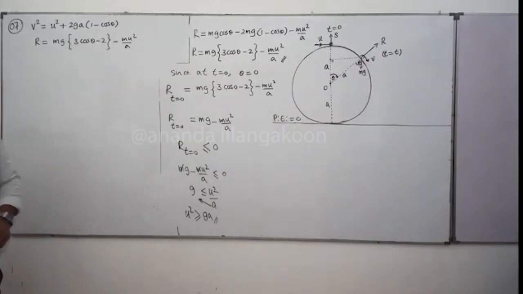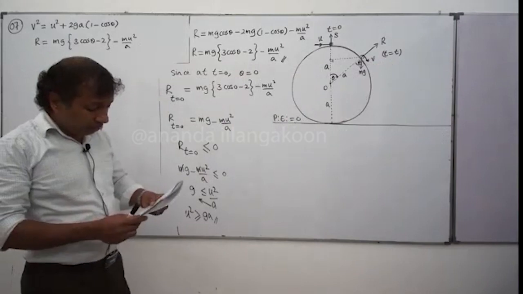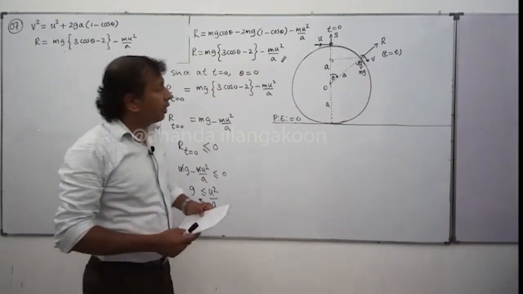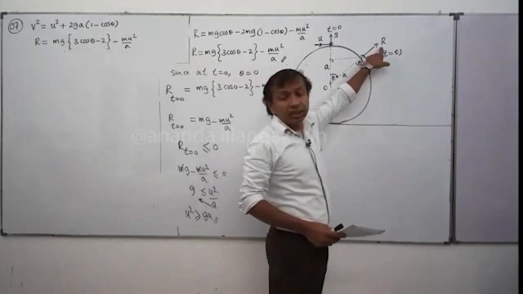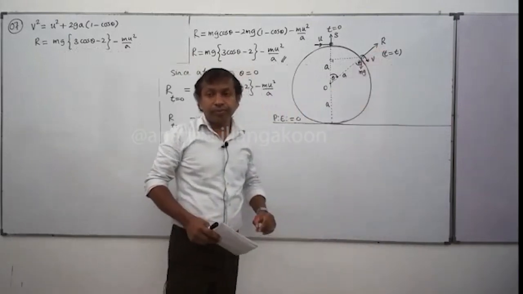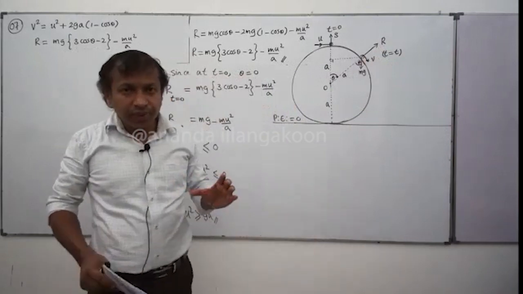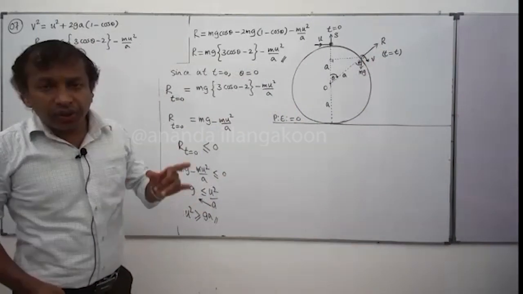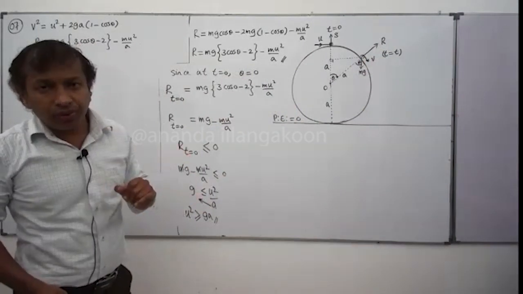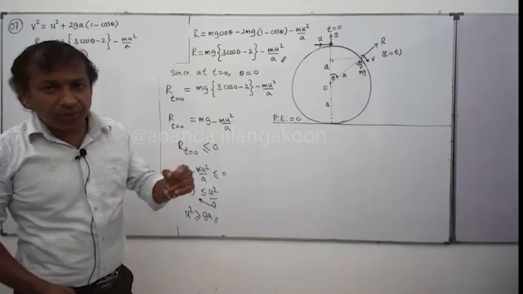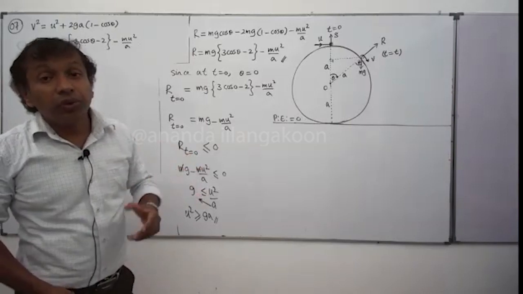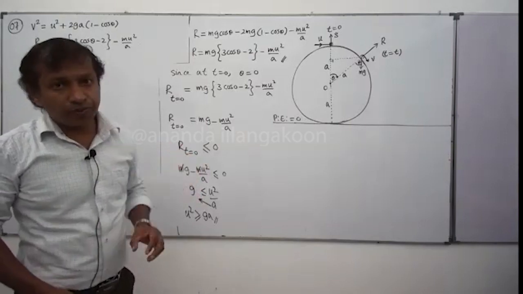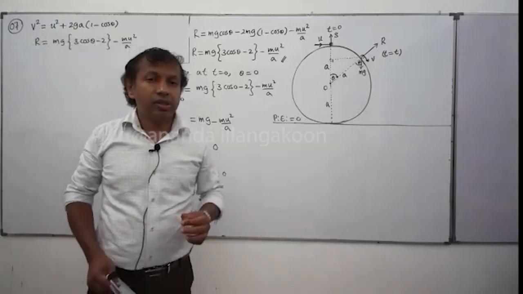When the particle leaves the surface, we are asked to find that angle. What happens? The contact between the particle and the surface is lost. Contact loss means the normal reaction first becomes 0. Only when the normal reaction becomes 0 does the particle leave the circular motion and begin projectile motion.